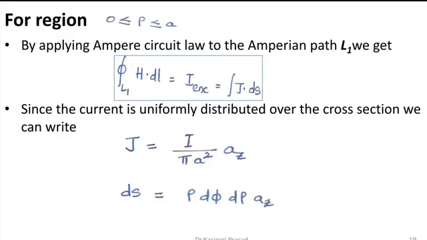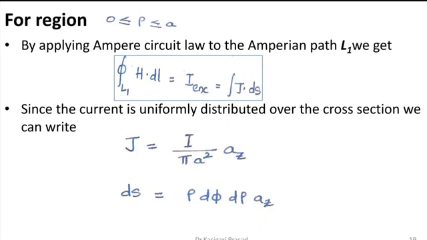As we know, Ampere's circuital law defines that the closed integral over L1 of H dot dl is equal to I enclosed, that is equal to integral J dot ds. Since the current is uniformly distributed over the cross section, we can write the current density J is equal to current per area, that is I divided by pi a squared in the a_z direction.